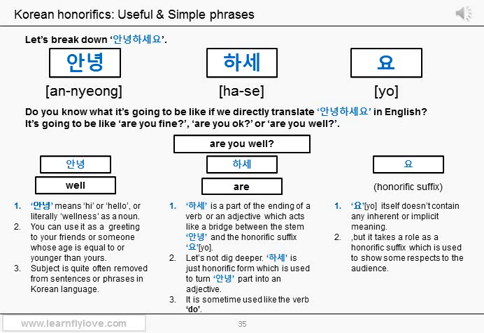How about the second part, 하세? 하세 is a part of the ending of a verb or an adjective which acts like a bridge between the stem 안녕 and the honorific suffix 요. Let's not dig deeper. 하세 is just an honorific form which is used to turn the 안녕 part into an adjective.